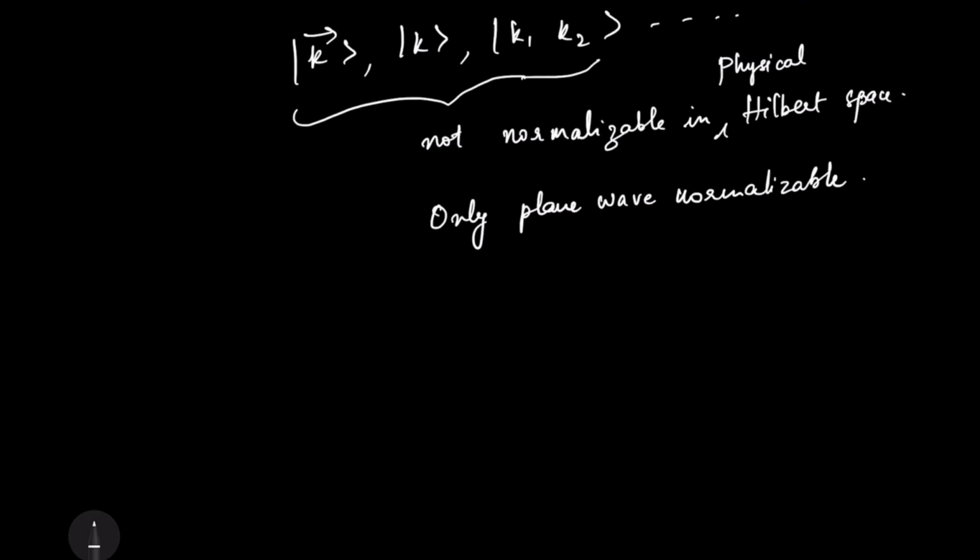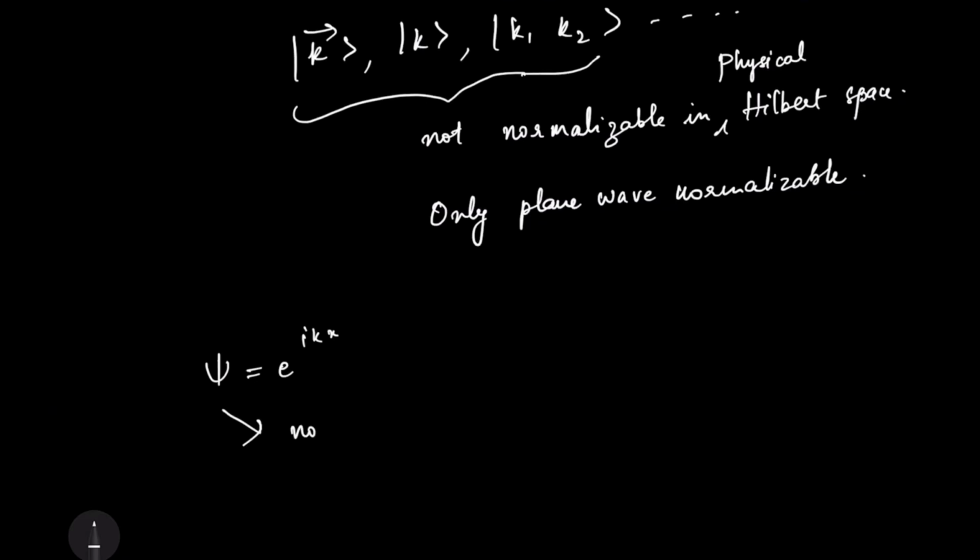Okay, if you have not understood this concept, then just think about the wave function psi equal to e raised to ikx. In normal non-relativistic quantum mechanics, we say that this is not possible, right? This is not a genuine physical state.